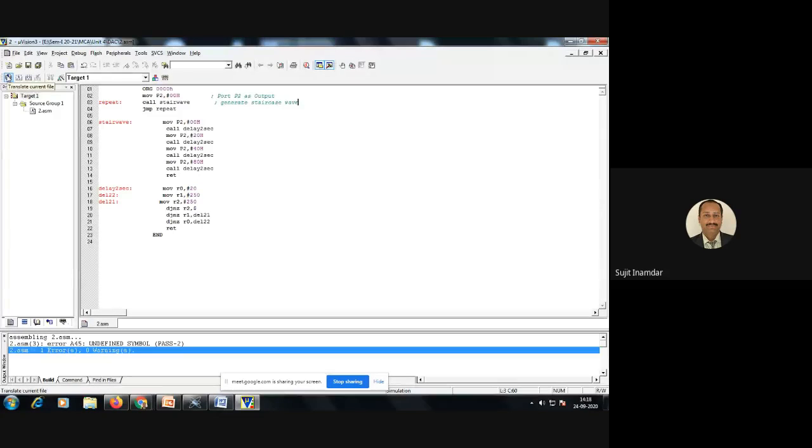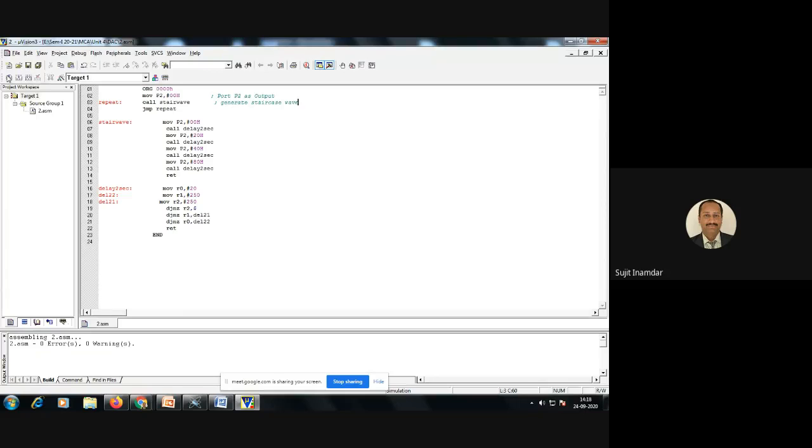Got it? So now I will make it, and zero errors are showing now. Let us see whether it works or not, because I also have not worked on this staircase. So let us compile that and get the hex file.